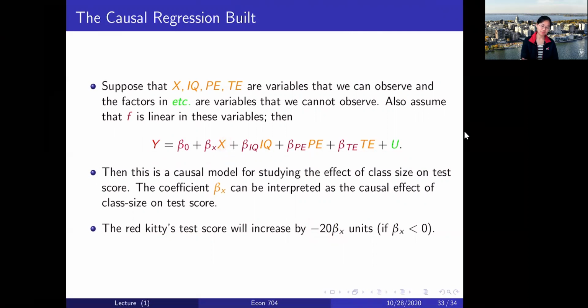So if you commit to the story that this is the causal equation that generates y, then minus 20 times beta x is the causal effect of reducing the class size from 40 to 20. All right, so that's how you build a causal regression.